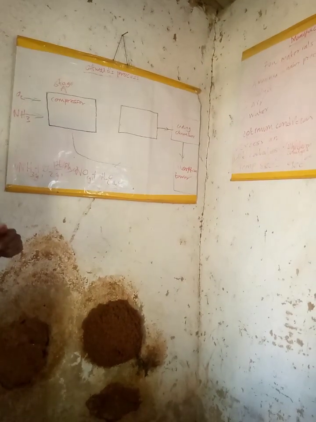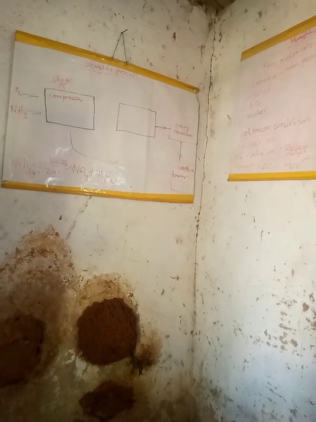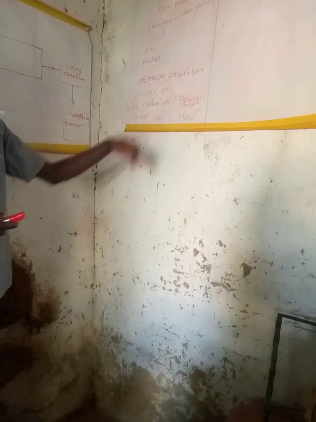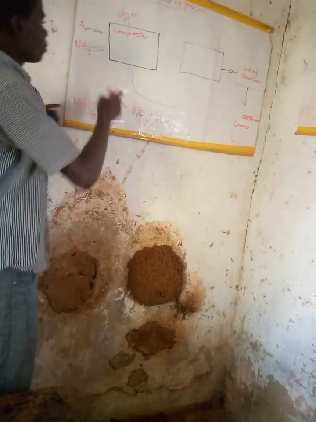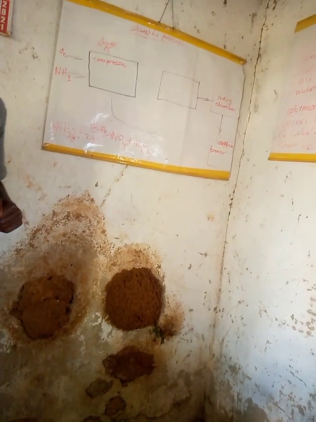The temperature used at the compressor, the first stage, is about 850 to 900 degrees Celsius.